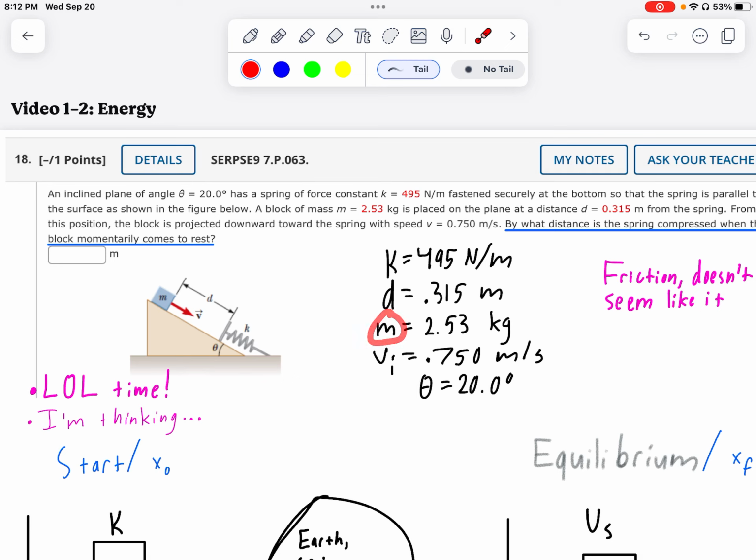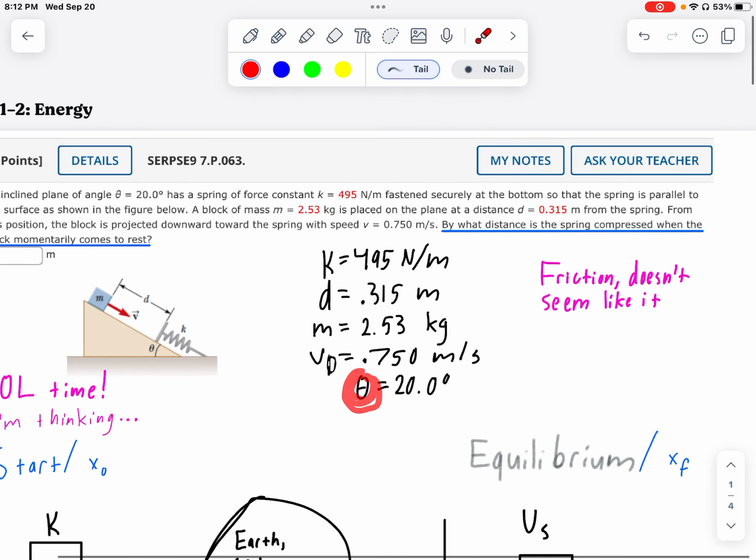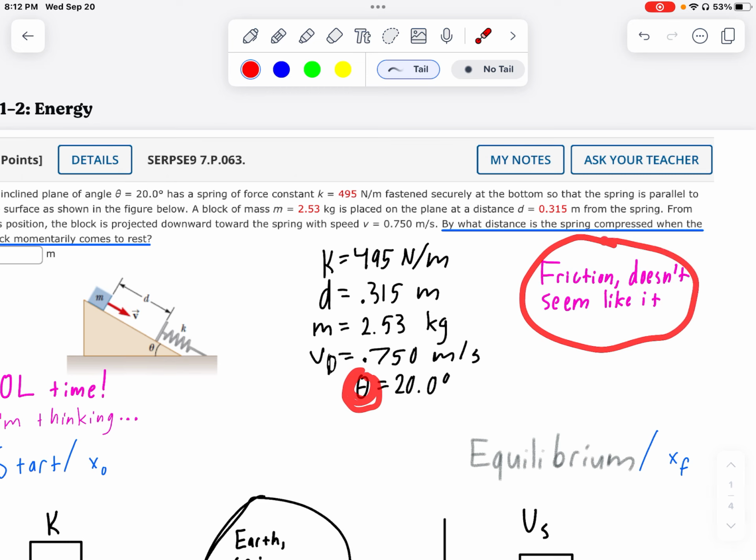Mass of the block. Initial velocity of the block. That should be an O, not an I. And then the angle of elevation with respect to the horizontal. No mention of friction is made, so let's not worry about that.